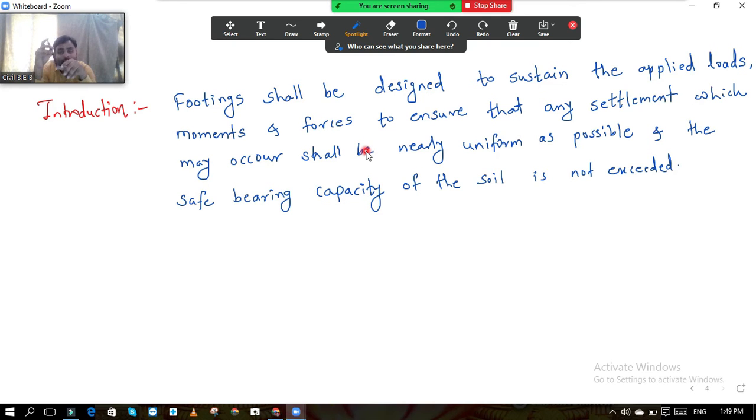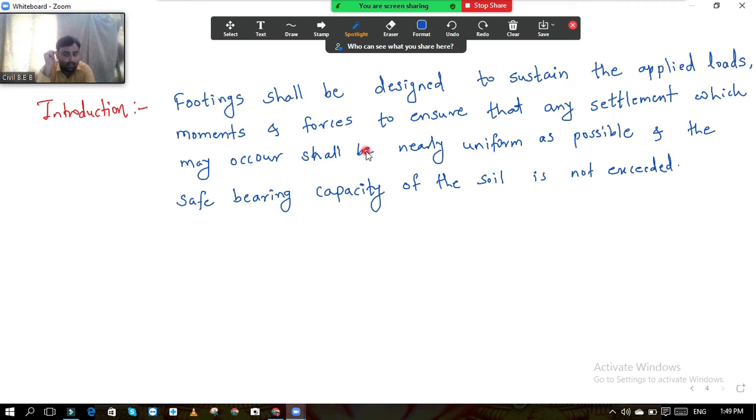If the load coming on the footing is larger than the safe bearing capacity, the footing will penetrate into the soil. So always remember, safe bearing capacity should not be exceeded in any case. That is what is written over here. So I think this introduction is sufficient regarding the footing.